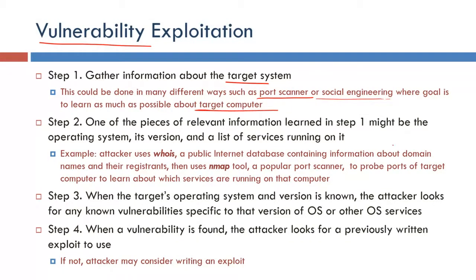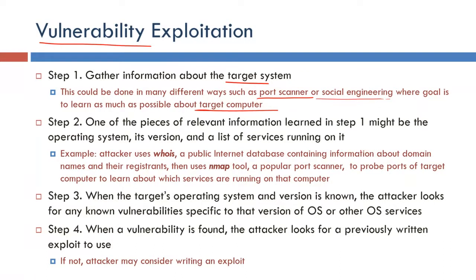For example, take a computer of the American Department of Defense. They have a supercomputer that holds information about secret agents, or the weapons that are deployed all over the world.